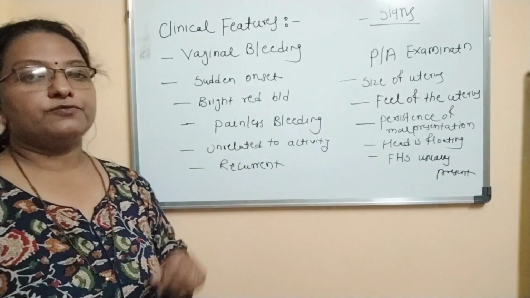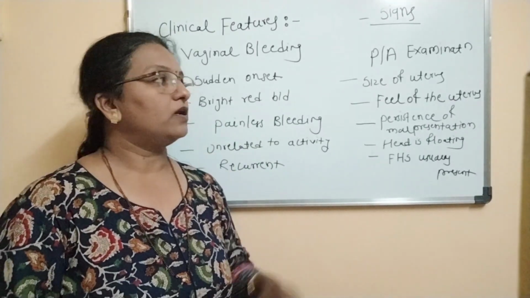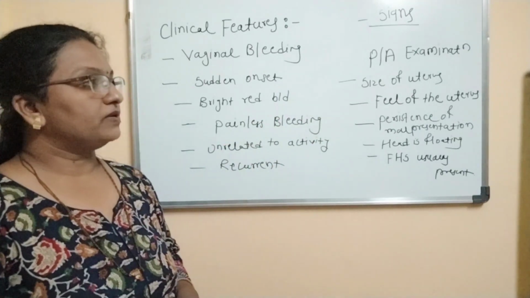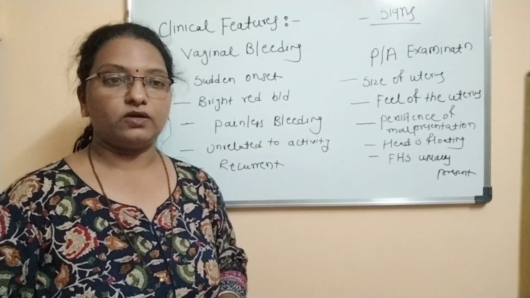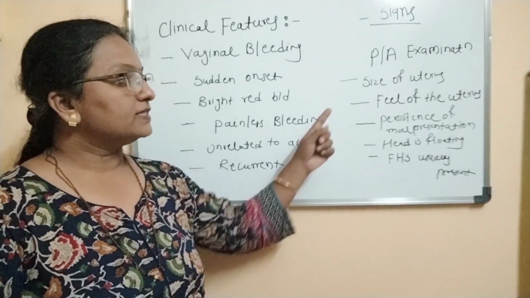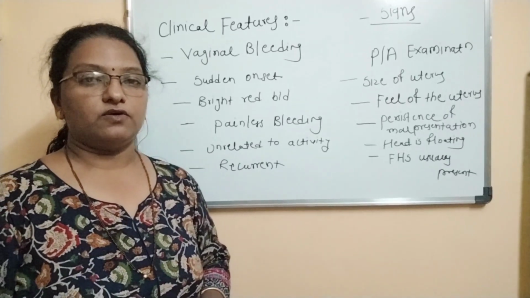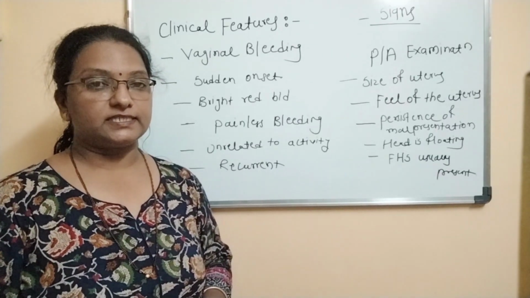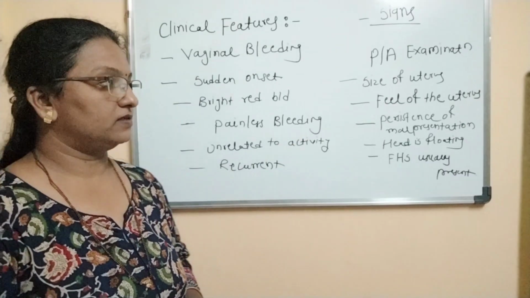Then if you do the per abdominal examination, what will you observe? On palpation, the size of the uterus will always be related to the period of amenorrhea. Secondly, the uterus will feel soft and elastic, and there will be no localized area of tenderness.